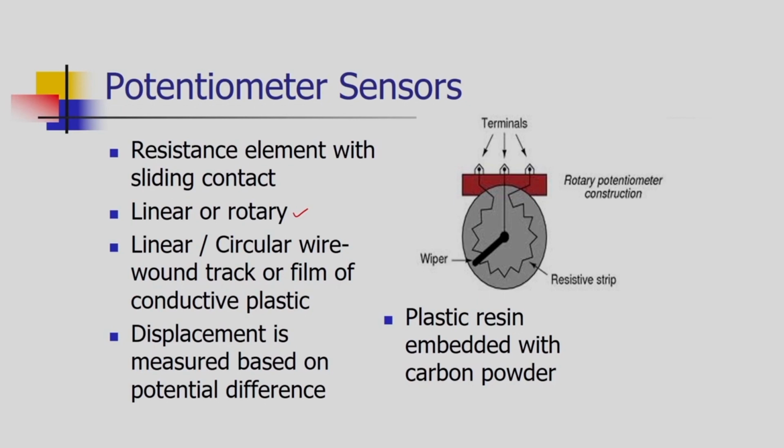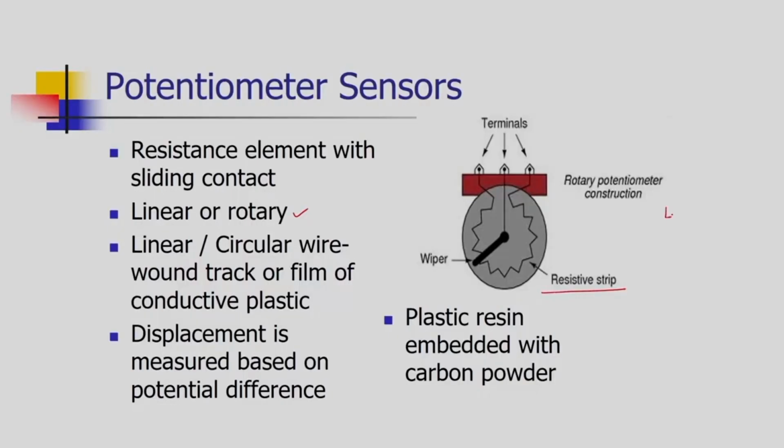So, if we connect the sliding contact with the physical element of which we need to measure the displacement, we can easily compute the displacement by calibrating the change in potential difference inside the circuit.